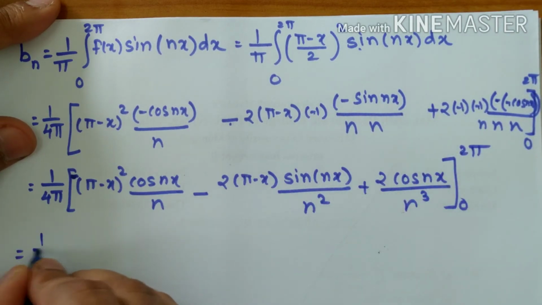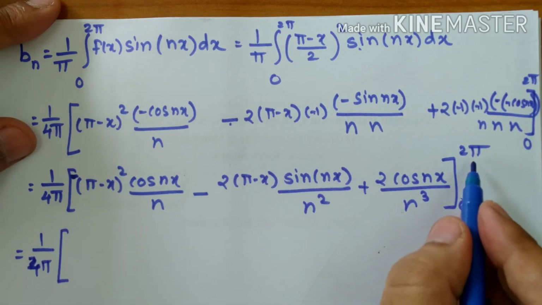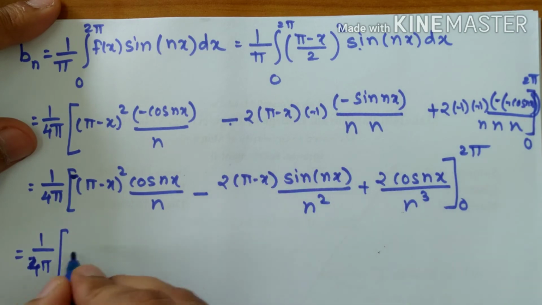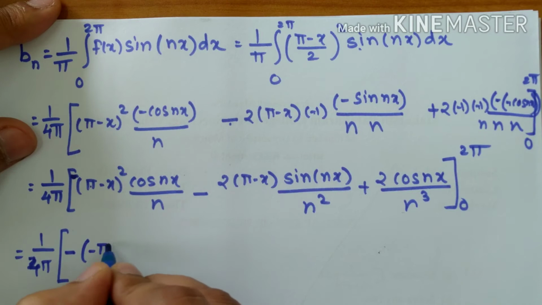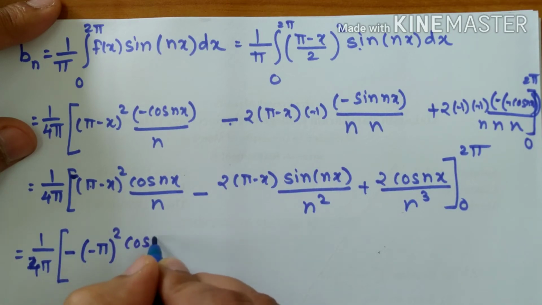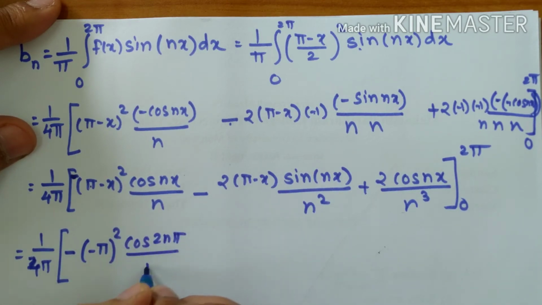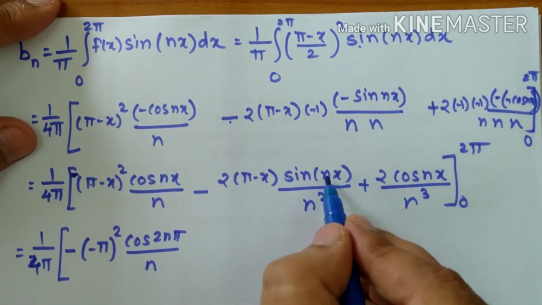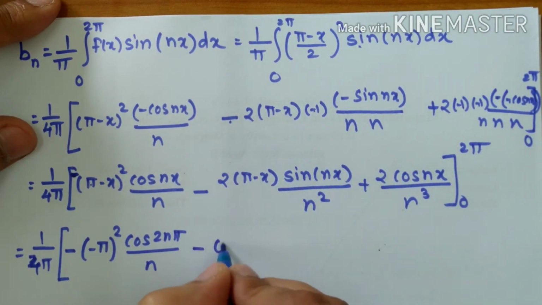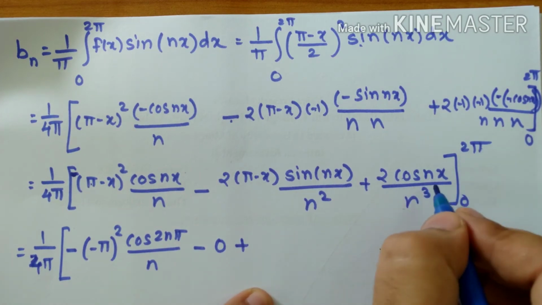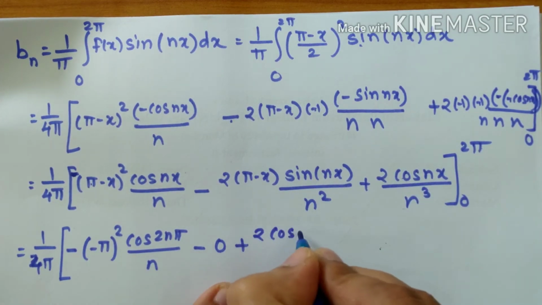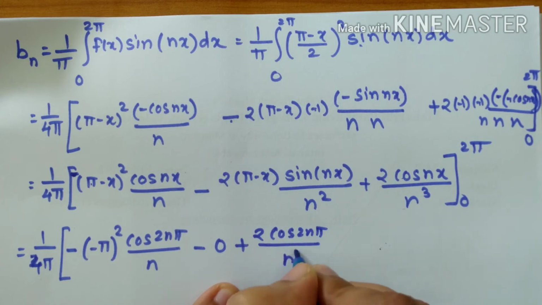Now substitute the upper limit as well as the lower limit. While substituting the upper limit 2 pi, the minus sign is as it is. Pi minus 2 pi gives us minus pi bracket square into cos 2n pi divided by n. We substitute 2 pi here, we get sin 2n pi, which is 0, plus 2 times cos 2n pi upon n cube.